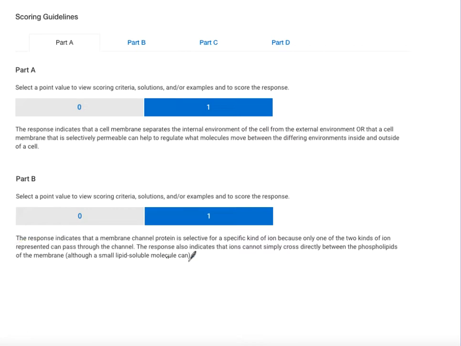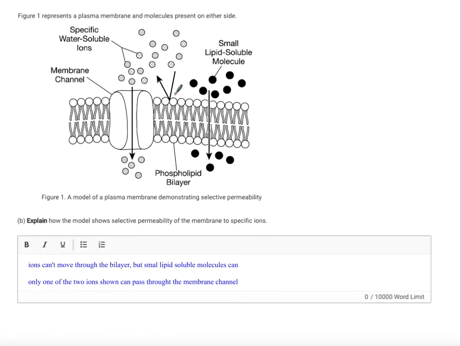For part B, the membrane channel protein is selective for a specific kind of ion, because only one of the two kinds of ions represented can pass. It also indicates that ions cannot simply cross directly between the phospholipids of the membrane, although a small soluble molecule can. So ions can't go through on their own.